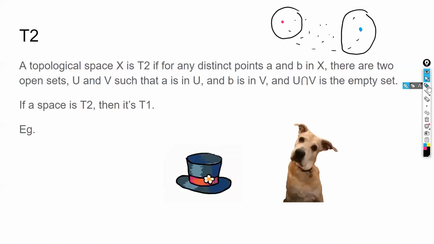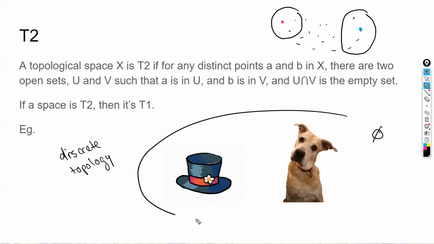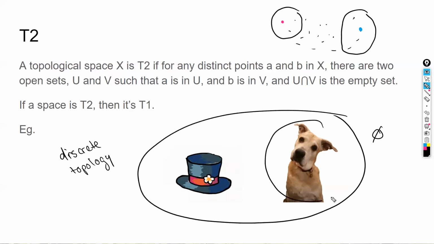Let's take a look at a set that satisfies T2. So let's pull up the one that we saw before, the discrete topology. Does the discrete topology satisfy T2? Well, yes, right? Because I have the empty set, the entire thing, dog, and hat.